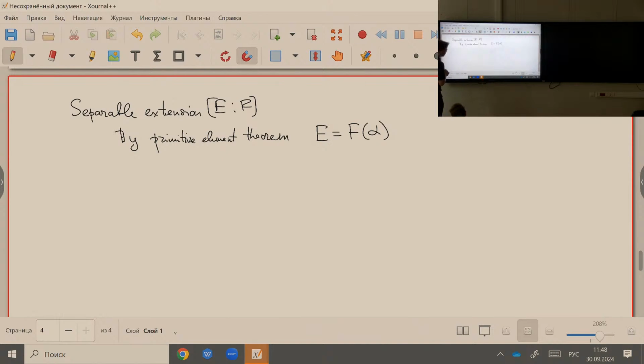Also we have embeddings sigma 1, ..., sigma n, whose number is equal to n, of E into the algebraic closure of F.